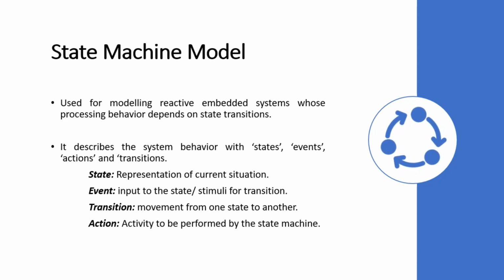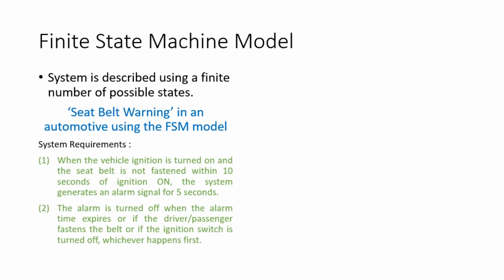Instead of that, we will try to keep the system within some defined number of states. We call such a machine model a finite state machine model. Let us take an example of a seat belt warning system in an automotive embedded system.